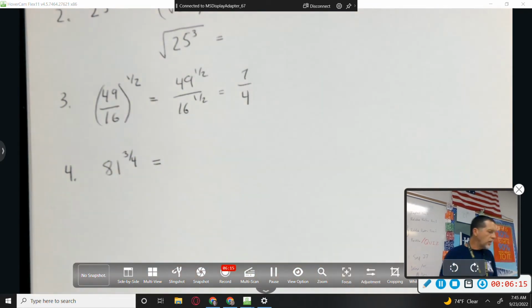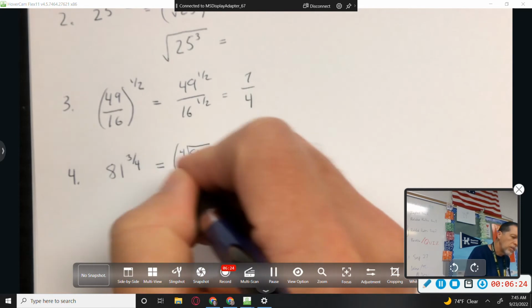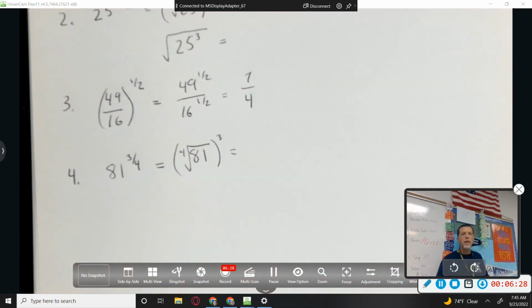81 to the 3/4. Well, let's rewrite it as a root and power problem. So the 4th root of 81 cubed. The 4th root of 81. If I'm giving you these problems without a calculator, it's probably going to be an integer.